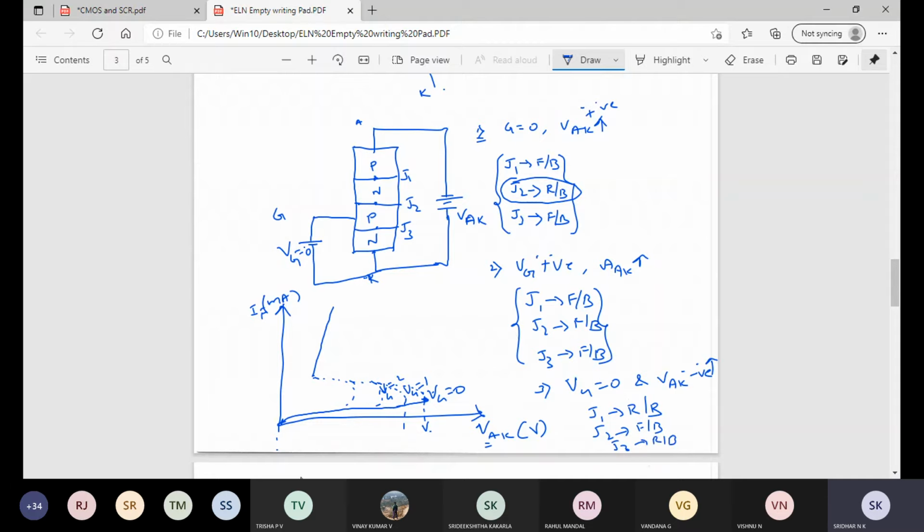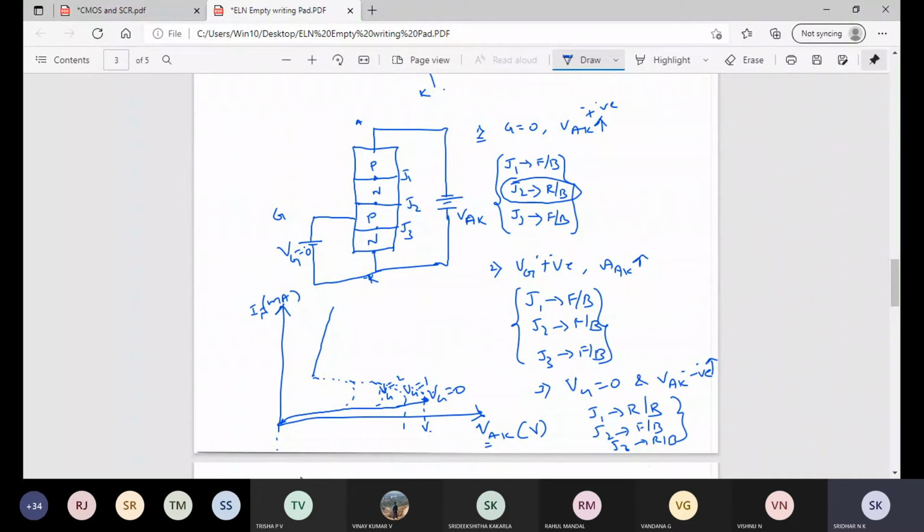Because negative is connected to P type semiconductor and positive is connected to N type semiconductor, junction J1 will be reverse biased. Similarly, if I analyze J2, J2 will be forward biased and J3 will be reverse biased.